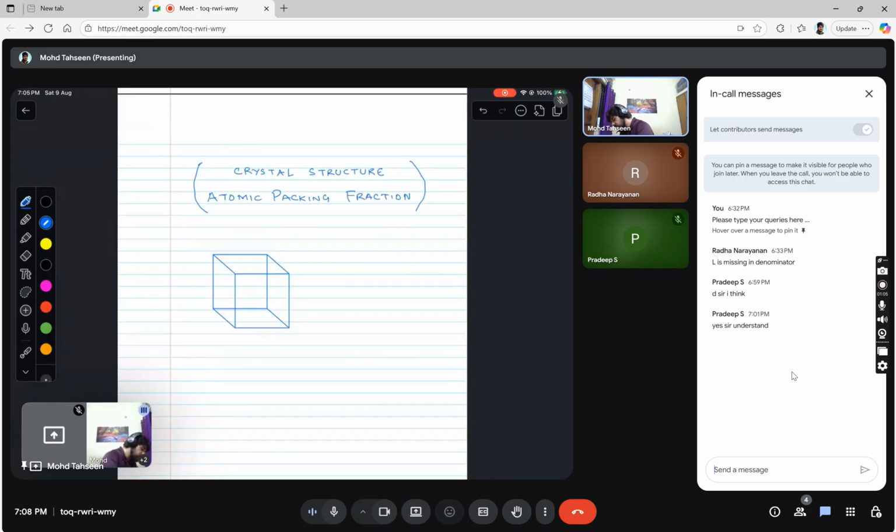In a simple cubic structure, the atoms are placed only at the corners of the unit cell. This drawing is not very accurate, so these are supposed to touch each other. These two touch, similarly these two also touch. I hope you understand what I'm trying to draw here. So neighboring atoms touch each other.